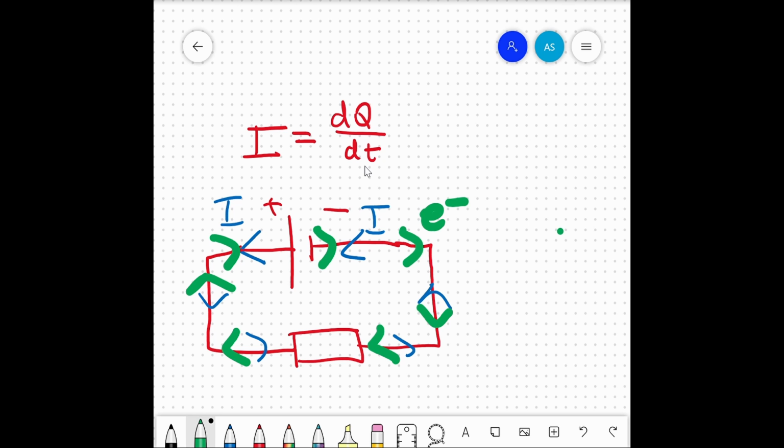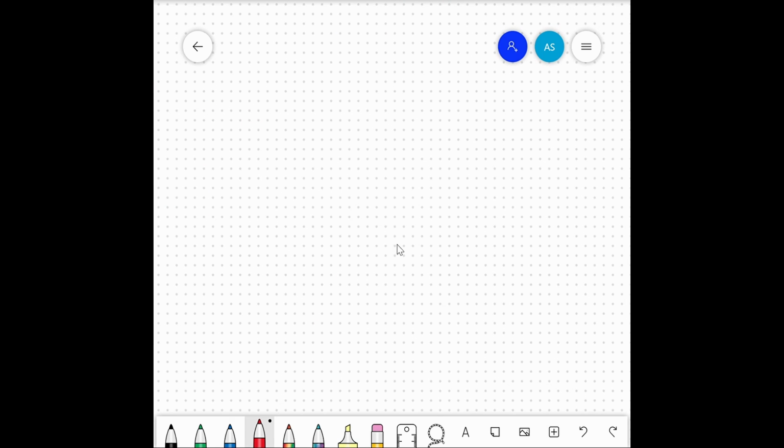Well, to explain what's happening here, I need to emphasize that frame of reference is a very key concept when we are learning physics, and it comes into play in this exact scenario. Let's take a metallic wire of a circuit, for example.